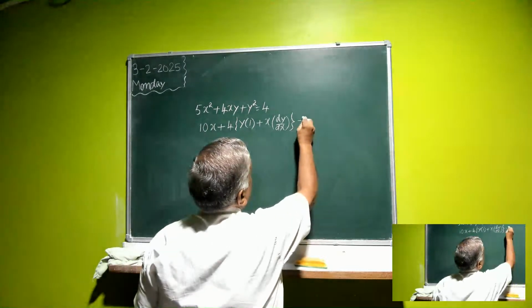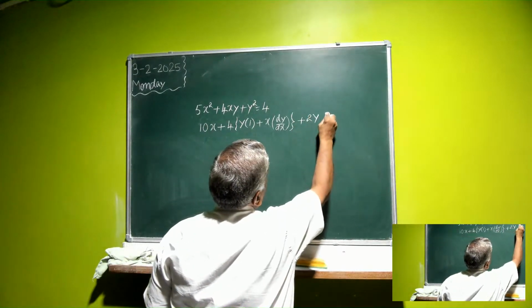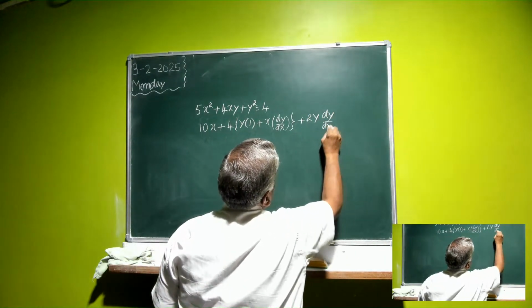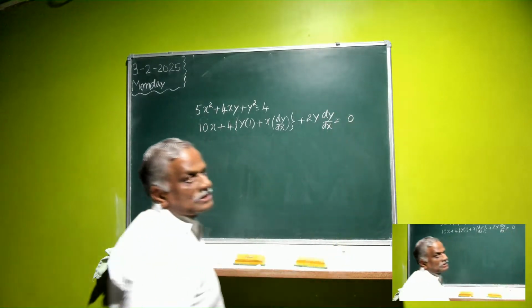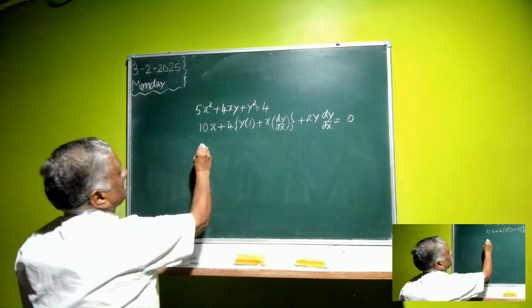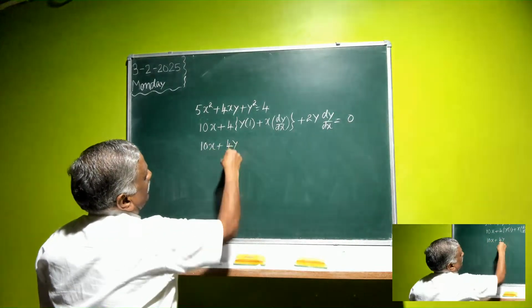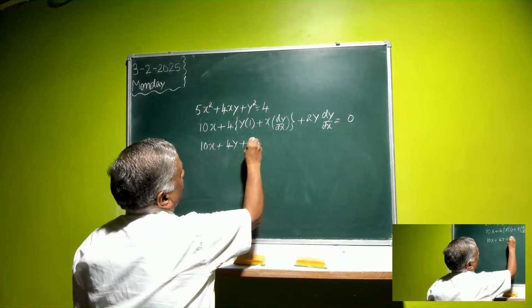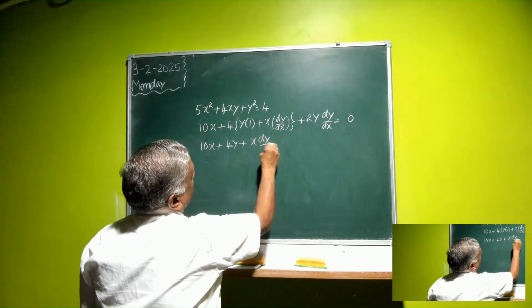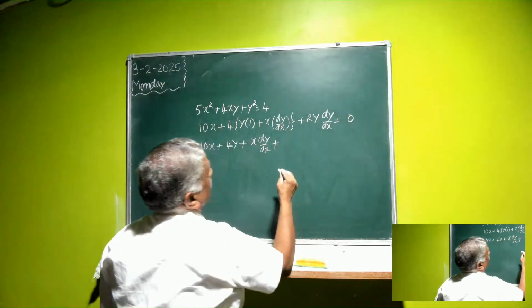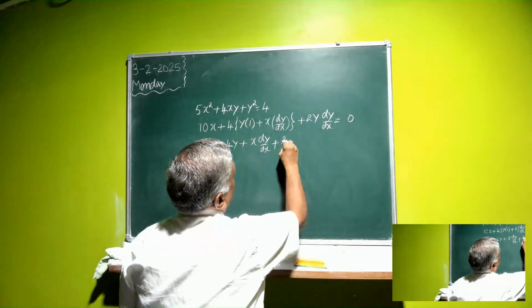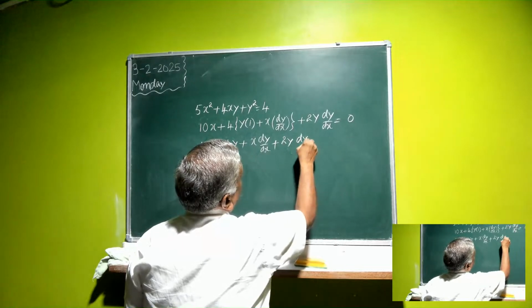Now differentiate y square, it is 2y dy by dx. That is equal to 0 because 4 is a constant. So let me just simplify this. 10x plus 4y plus x dy by dx plus 2y dy by dx.